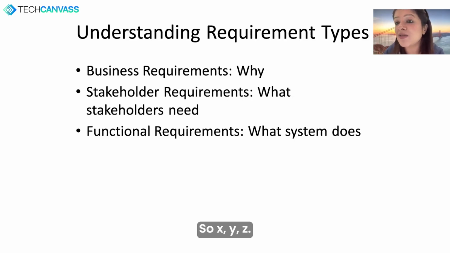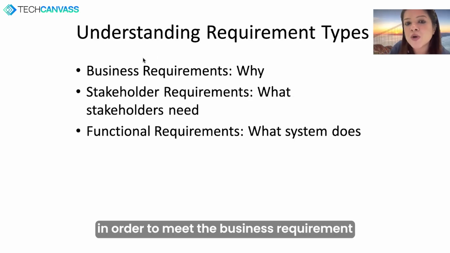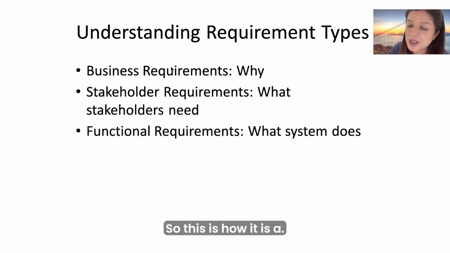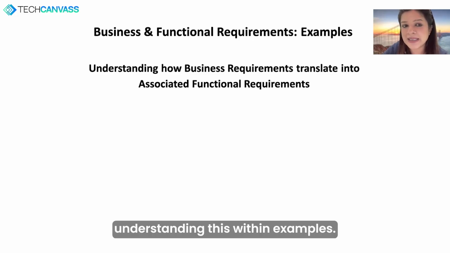So XYZ, what features do we add in our application in order to meet the business requirement that solves the problems of our customers. So this is how it is related. Okay.